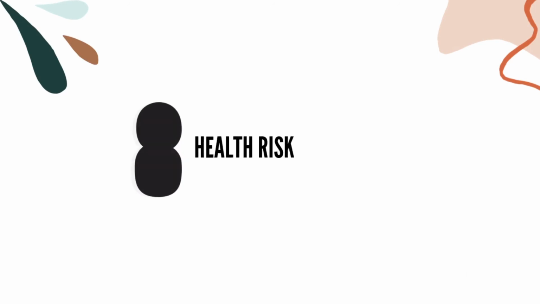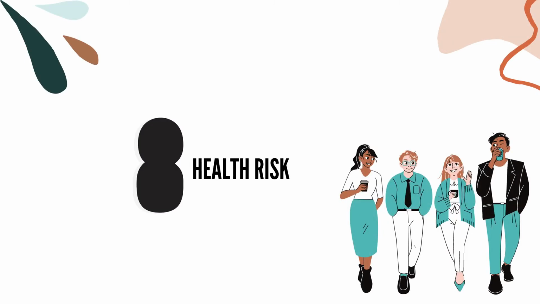Okay, now let's see our last point, health risks. Information technology has been the source of several diseases. There are four of them. The first one is RSI, the second is CTS, the third is CVS, and the last one is technostress.